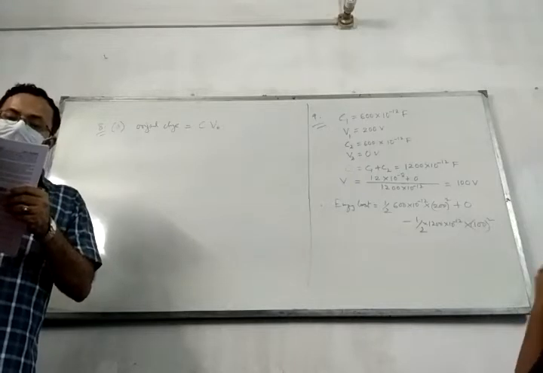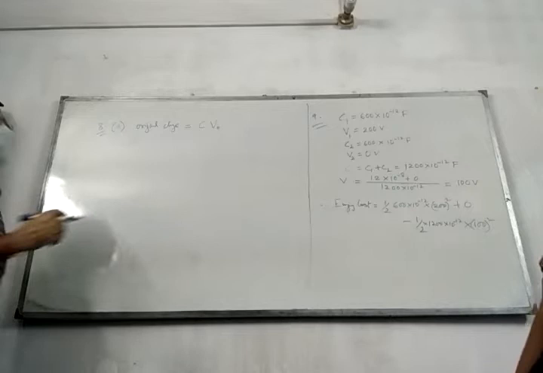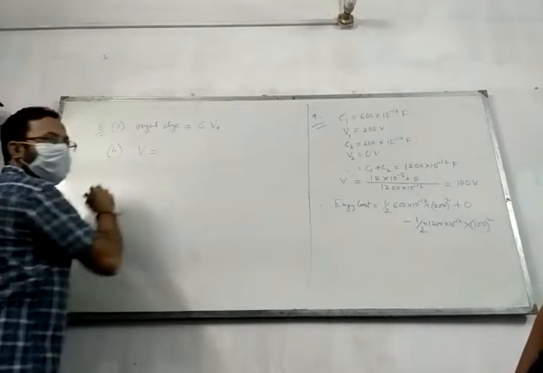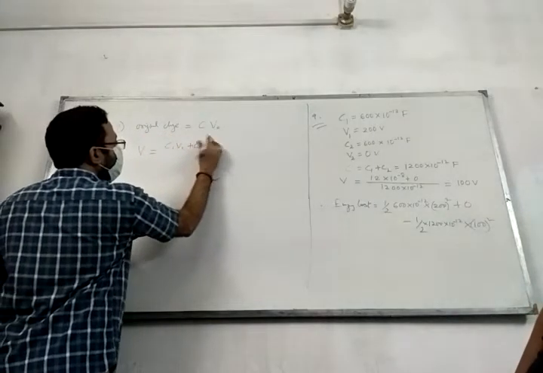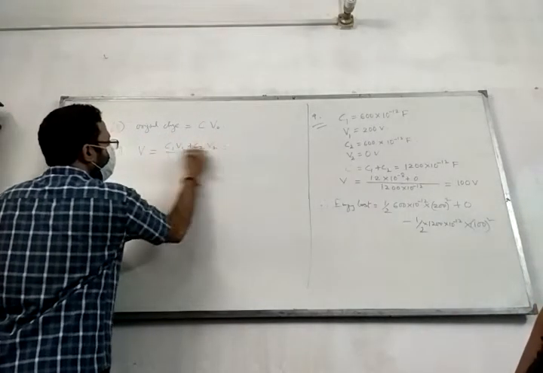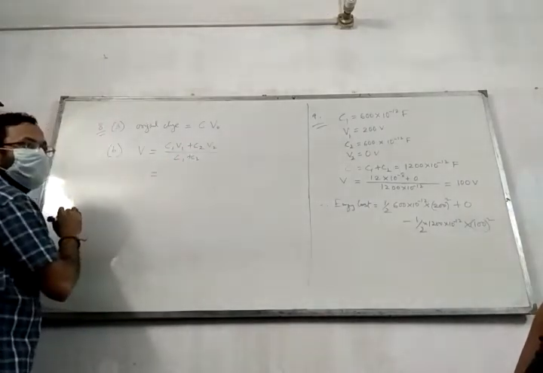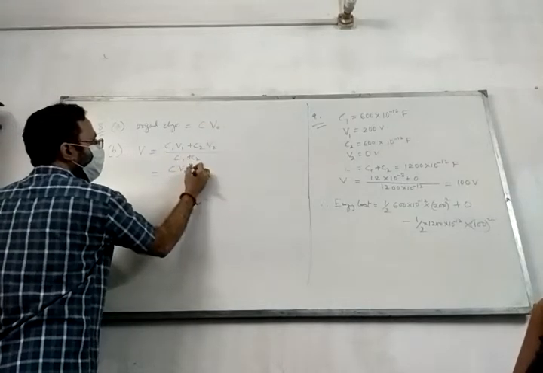Second, the final potential difference across each capacitor. That means V is C1 V1 plus C2 V2 by C1 plus C2. That is C1 টা কত? C, V1 টা V0, C by 2.